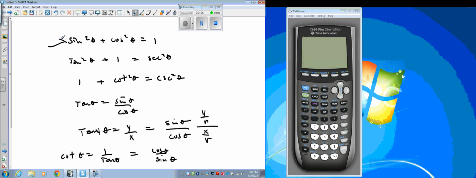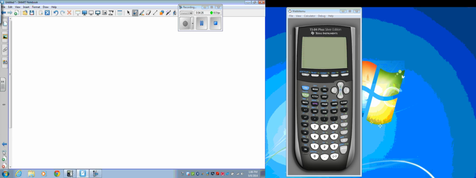Particularly this one, and this one, and these, and then cotangent as 1 over tangent. You should just automatically know those. And you'll deal with them enough that you won't have difficulty with them.